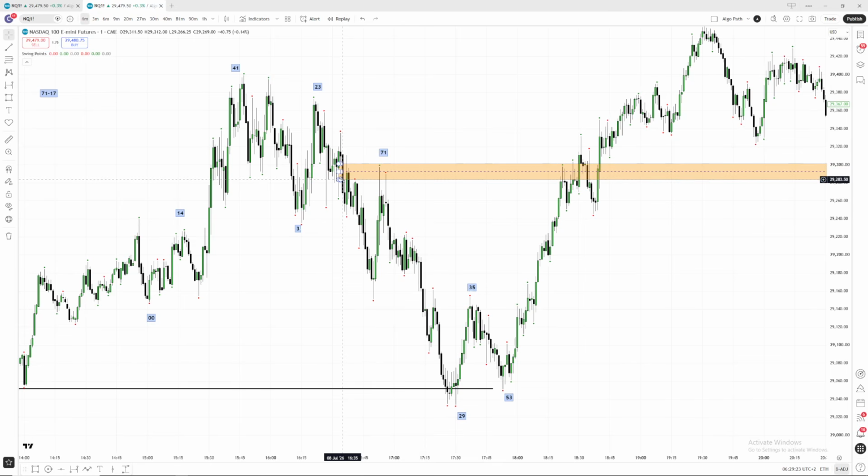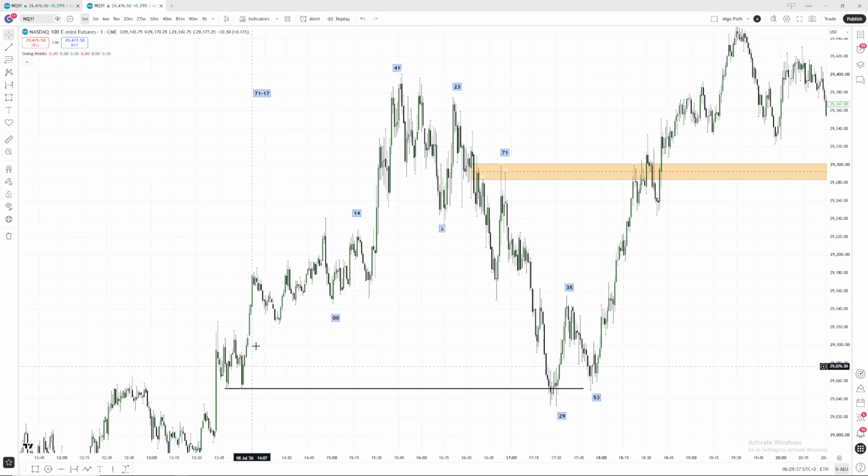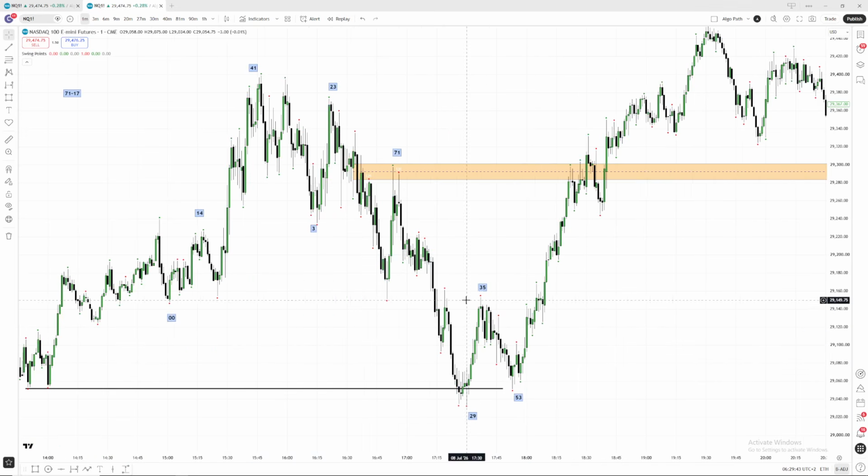So if you had just marked this, and as soon as this 50% is respected and we don't go above it, you know this gap is going to hold. Okay, and then at least I wouldn't target this, but here we have a consolidation, so at least until here we could keep your trade.